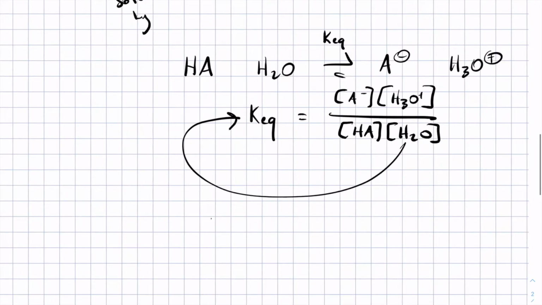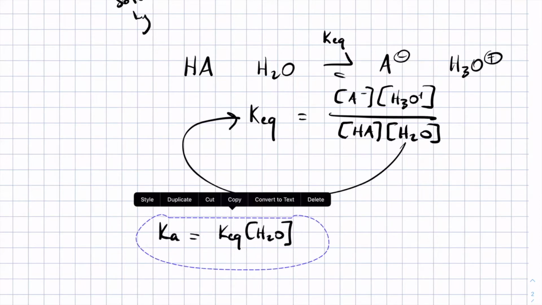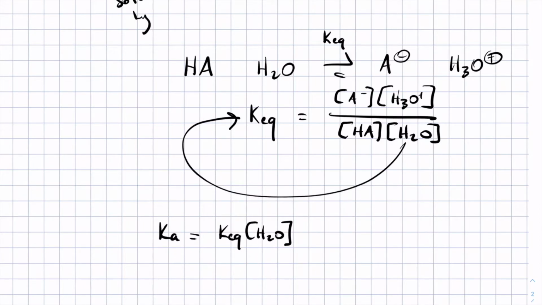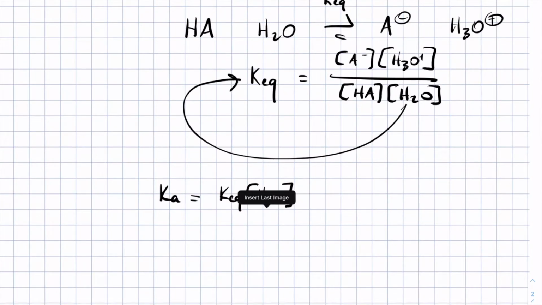Ka equals Keq times water. I've had other colleagues, Gen Chem colleagues, tell me that you may not do that with water's concentration, but Doherty and Anslyn did it, so by golly, we can do it too. You put the number 55 molar in there because that's about how concentrated water is.